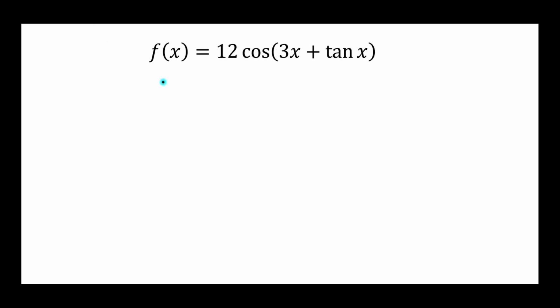Okay guys, now we have another example. We've got f of x is equal to 12 cos, and we've got bracket 3x plus tan x. Once again, our outer function is 12 cos and the inner function is 3x plus tan x.